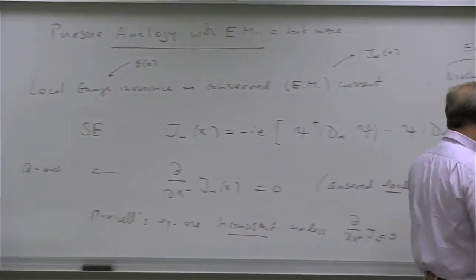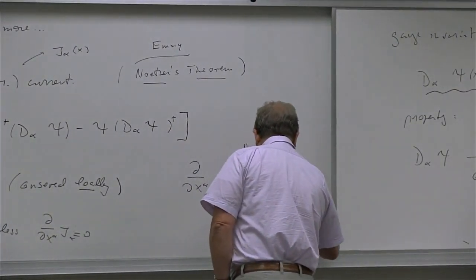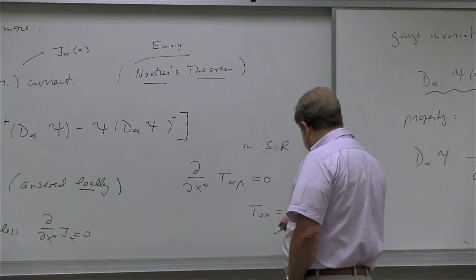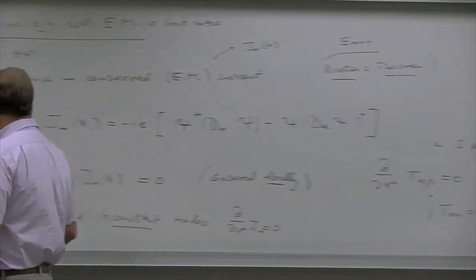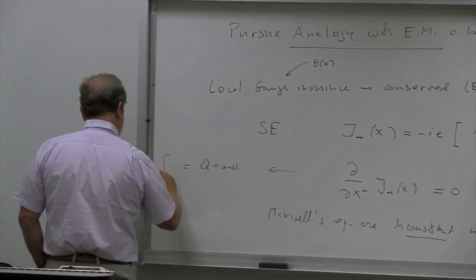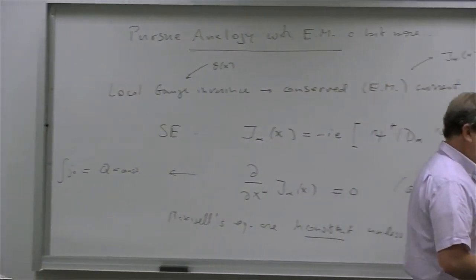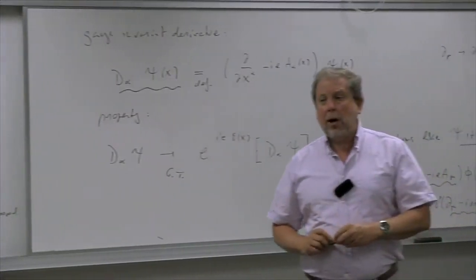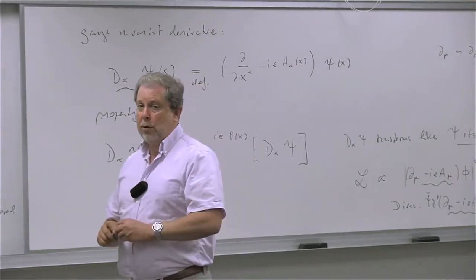And so here we have that the T naught alpha are also conserved when they're integrated over some region. So the Q, which is the integral of the J naught, is conserved, and here it's the integral of the T naught alpha which is conserved. So you still have the same kind of thing repeating: you have a symmetry, and as a result of the symmetry, you have a conservation law.